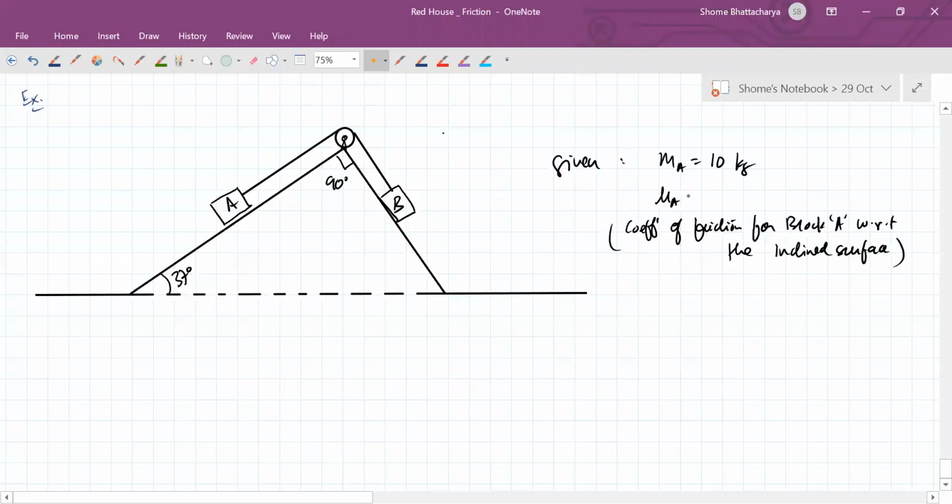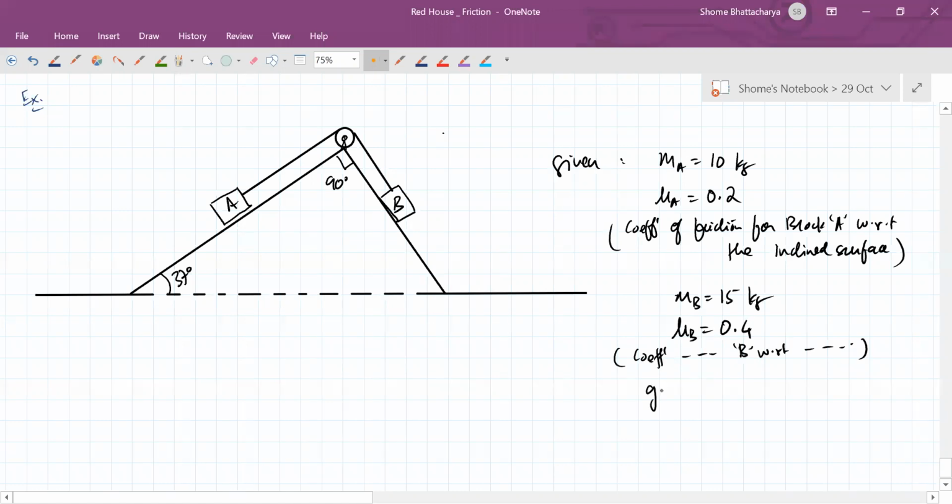is, let us say, 0.2, whereas the mass of block B is 15 kg, and the coefficient of friction of block B with respect to the inclined plane is, let's say, 0.4, and take g as 10 meters per second square.